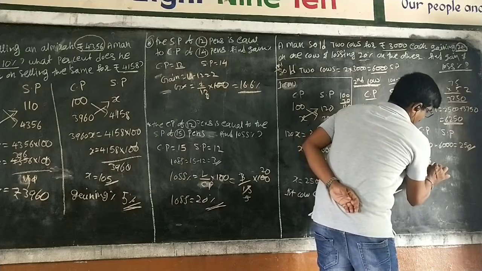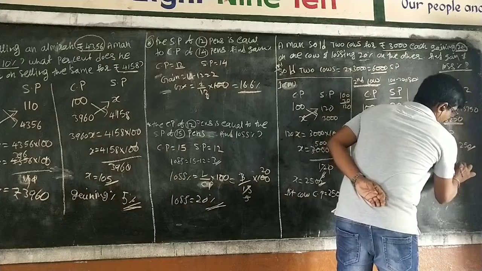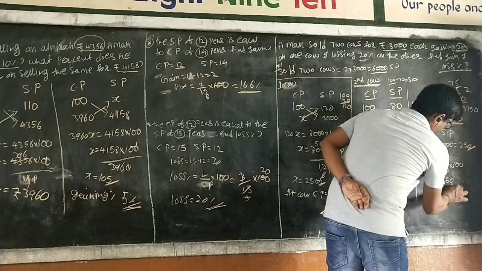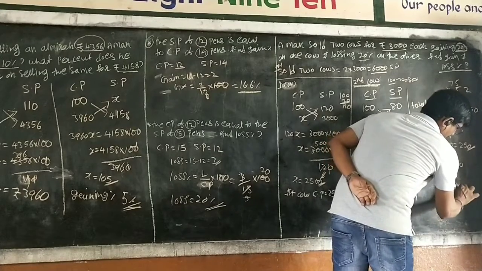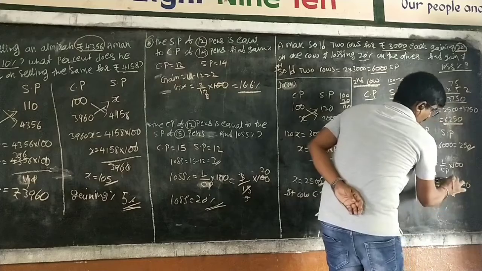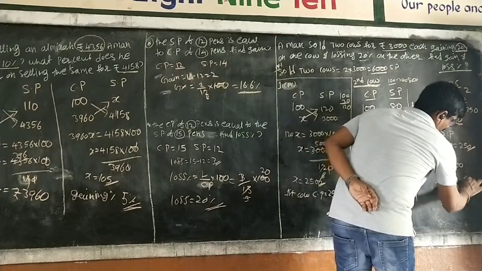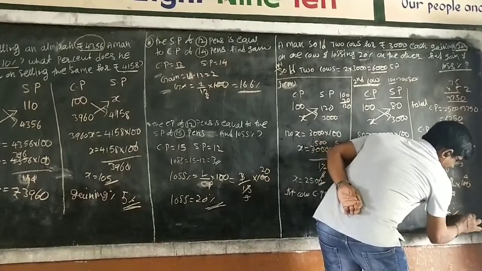Loss percentage is equal to loss by cost price into 100. Loss means 250 by 6,250 into 100. Simplifying, we get 4. Loss is 4 percent.